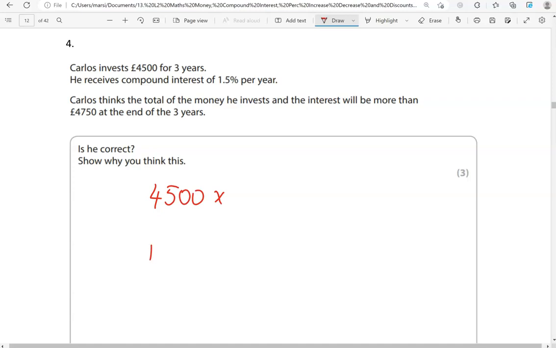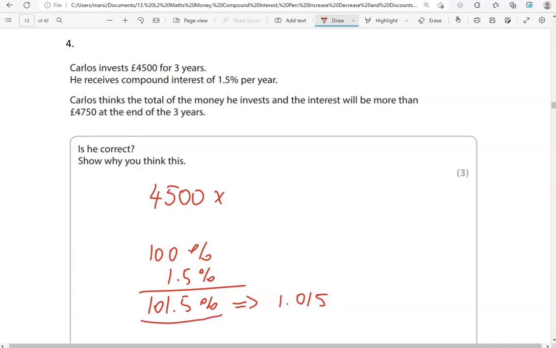So again, it's like 100%, and you add in 1.5% on top. So that is 101.5% increase each year. As a decimal, this is 1.015.